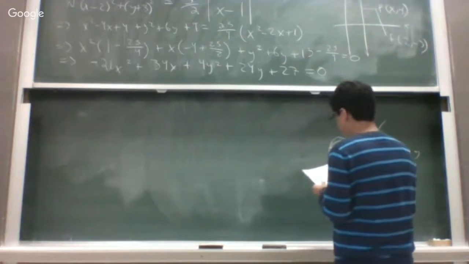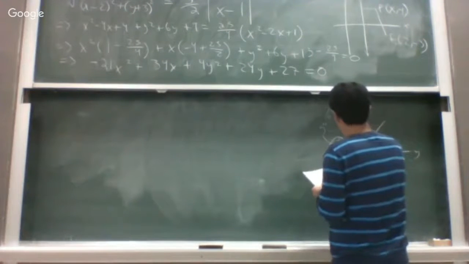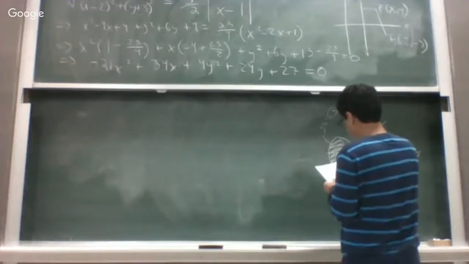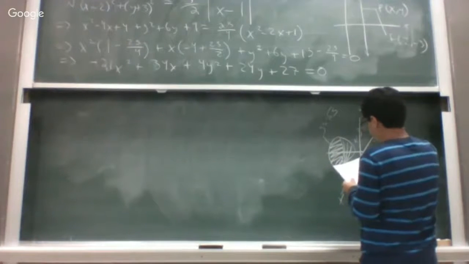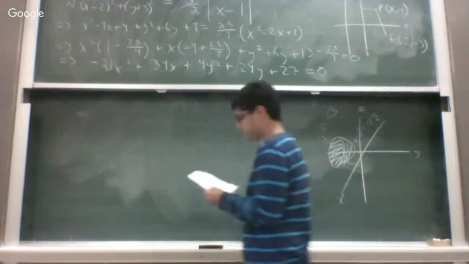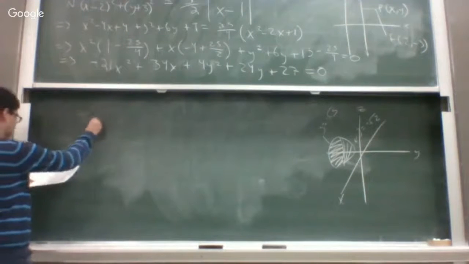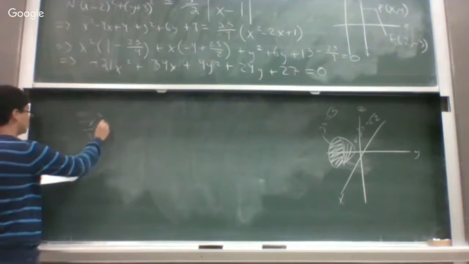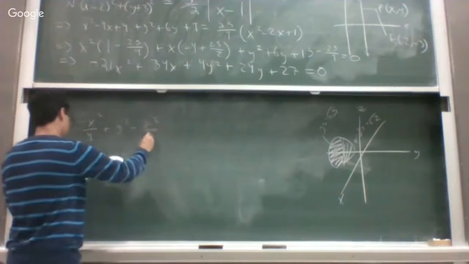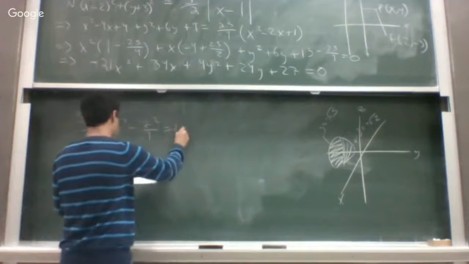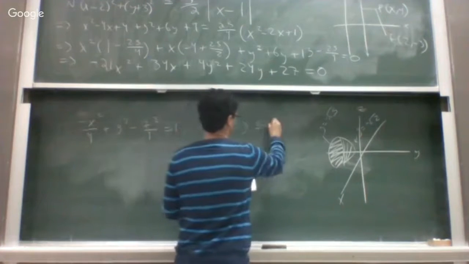For the next one, they gave us a graph with limits. By limits, I mean like the lower and upper limit. They want us to find the volume of that, and they tell us that -x squared over 4 plus y squared minus z squared over 4 equals 1, where y is between -√5 and -√2.